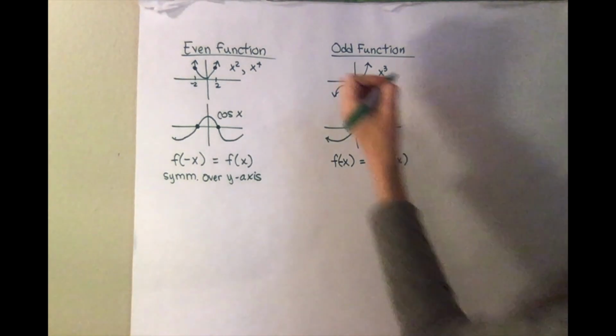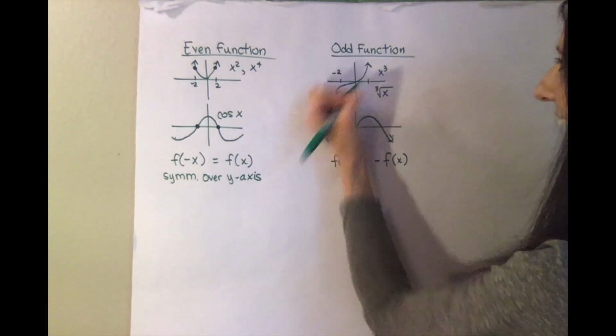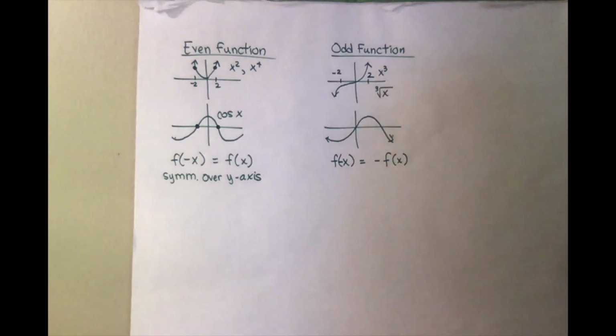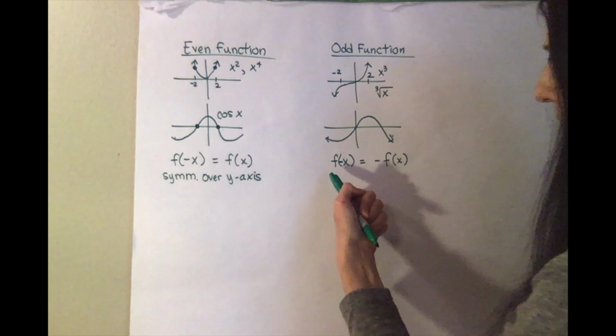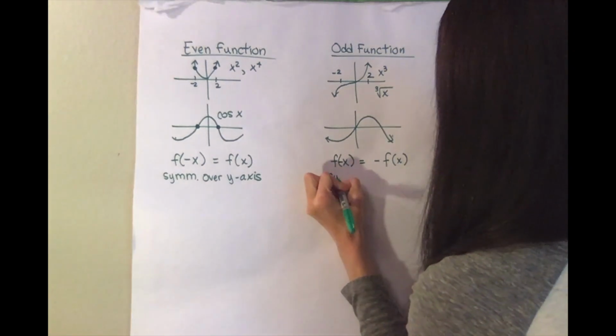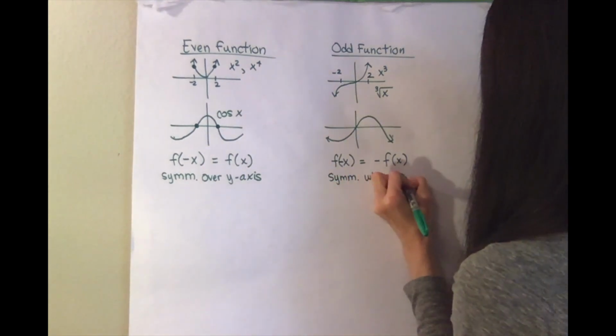So when you input, say, a negative 2 into the function, it has the opposite output, opposite sign on the output as if you were to input a 2. These guys are symmetric when rotated 180 degrees around the origin.